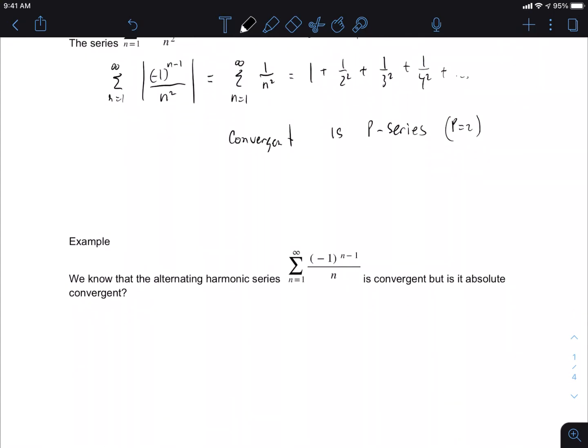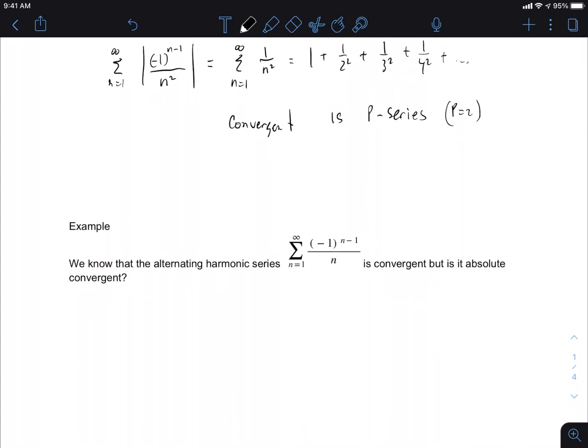So this is another example with an alternating series, and let's see if we can determine if this is going to be convergent. So let's see. We know it's a harmonic series, so it's going to be oscillating back and forth, right? And we know that this is convergent.